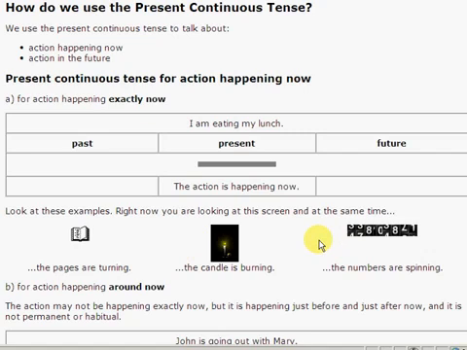As you can see, all of these actions are happening exactly now. We can all see what's happening right now with these objects. So, the sentences that we have formed by describing these pictures are all in the present continuous tense.